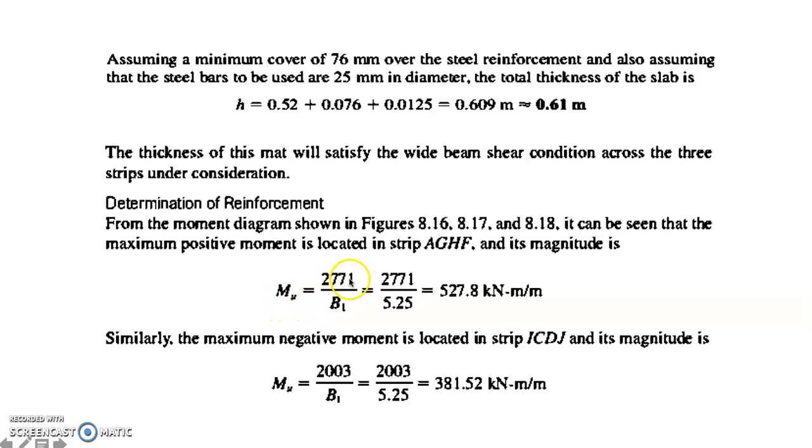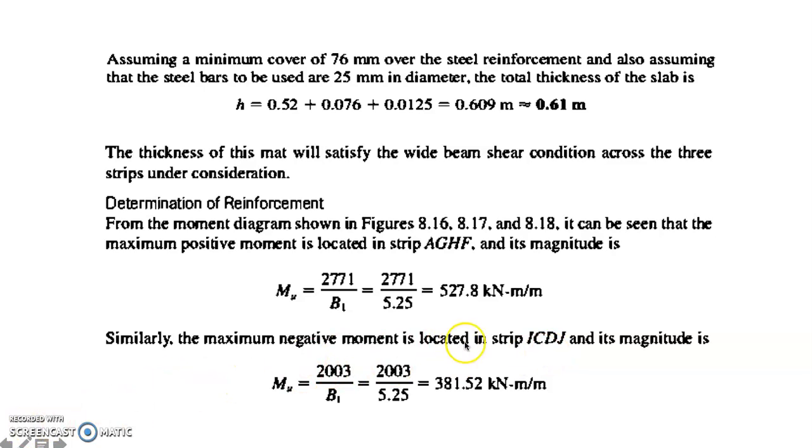So the maximum positive moment over the B sub 1, which is the width of that particular strip, that is 5.25. So we get 527.8 kilonewton meter per meter. Similarly, we are going to identify also the maximum negative moment. And the maximum negative moment is located on strip ICDJ.